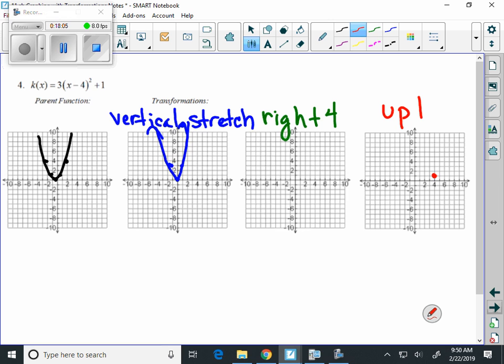And we can't even fit all of these points on the graph. But from the blue graph, we went 1 space to the right and 3 up. So now on our red graph, 1 space to the right and 3 up. And 1 space to the left and 3 up. And our other points that are way off the graph, we went 12 up. We're going to have to move that up. So it's way up here off the graph. But at least we can get these 3 on our picture here.